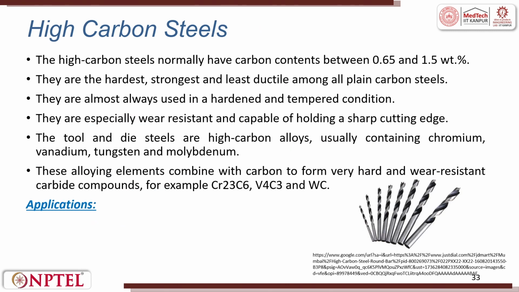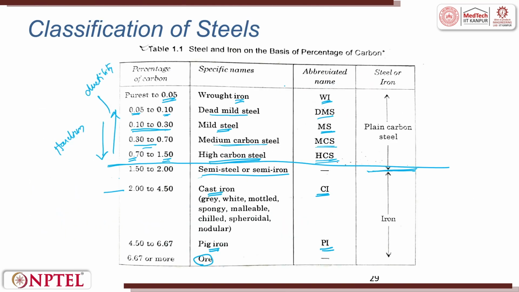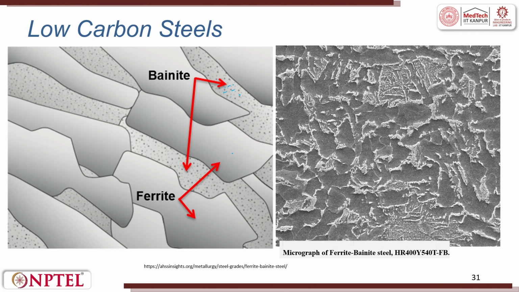Okay. So, when we are looking at high carbon steel, it normally contains carbon up to 1.5 weight percentage. They are the hardest, strongest and the least ductile among all plain carbon steels. You see the ductility. When you go back and see my picture here, I have shown it, ductility, hardness, right.